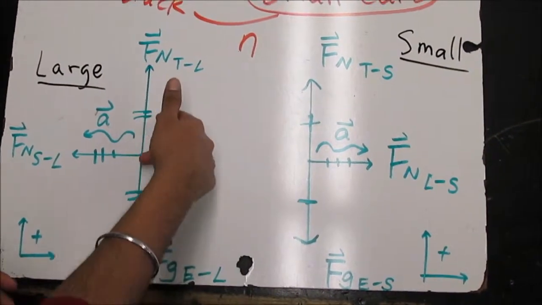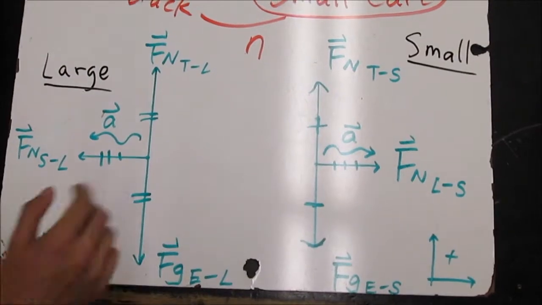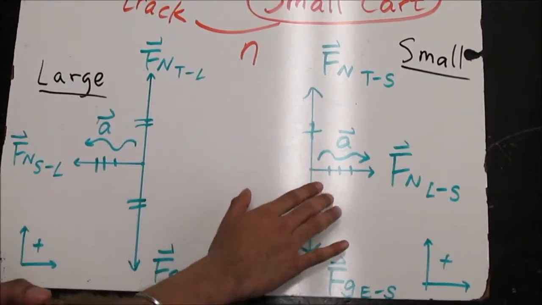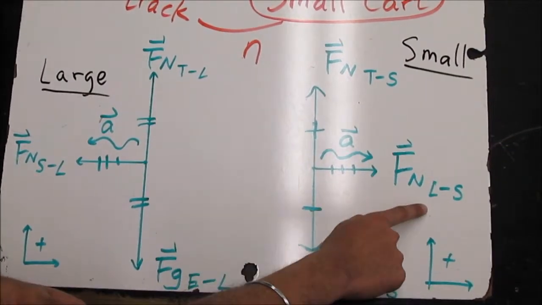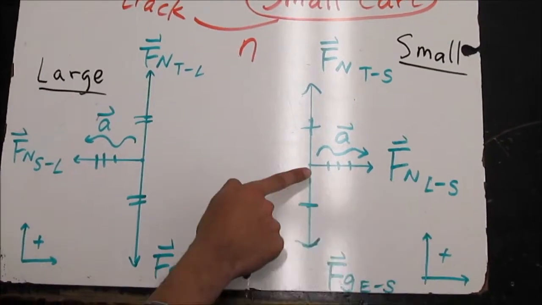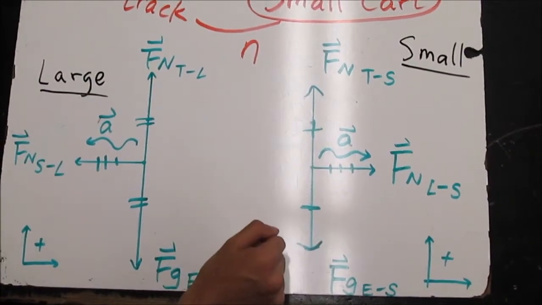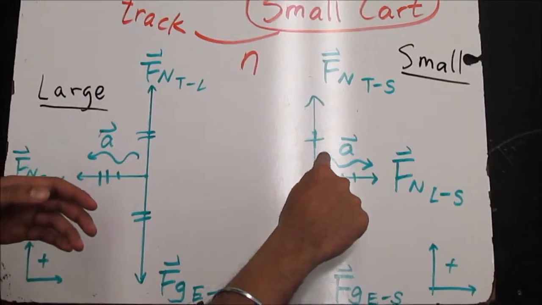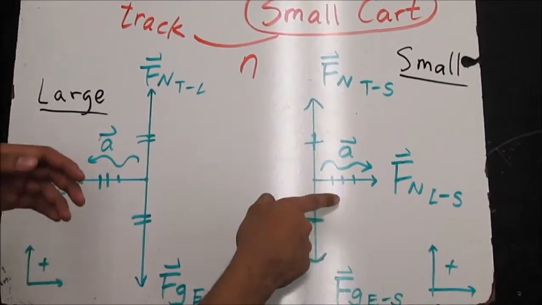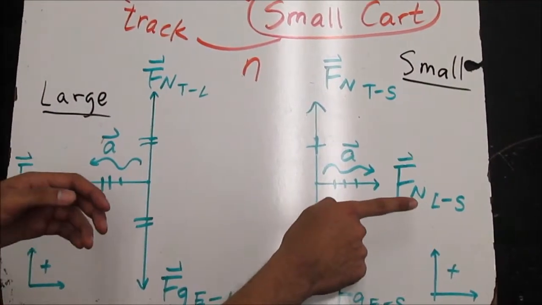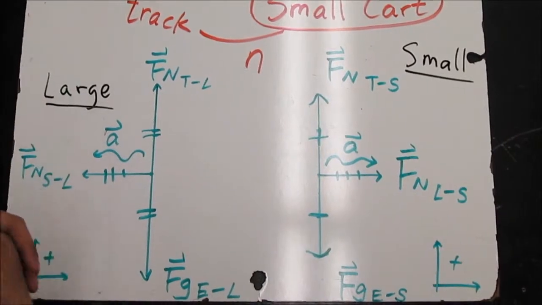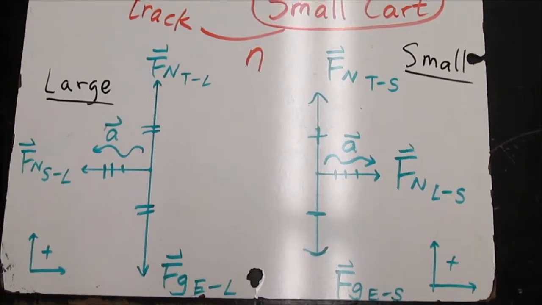However, they are smaller than the ones on the large cart because it has less mass. And now we can see that we have our normal force of the large cart acting on the small cart. However, it's in the opposite direction, and therefore we have our acceleration squiggle in the same direction as our normal force, which makes the acceleration positive, which was also shown on the velocity time graph.